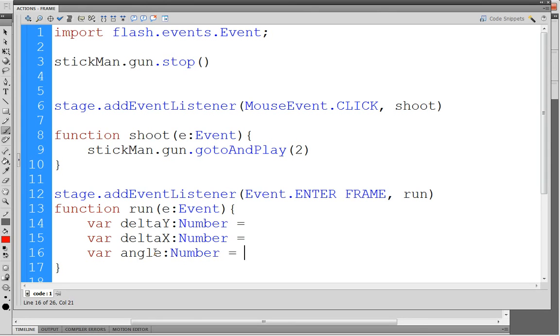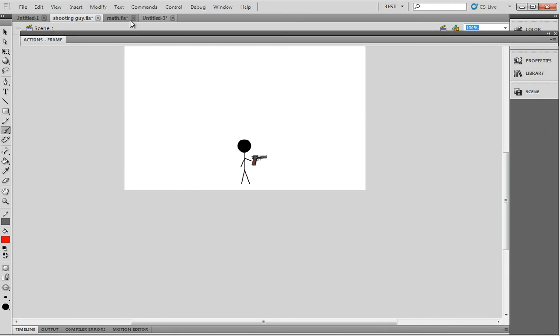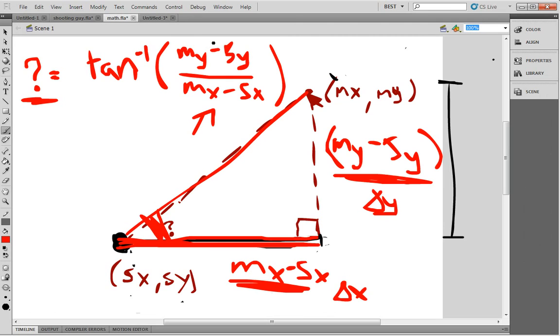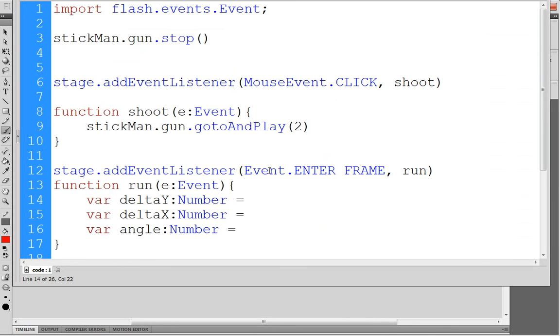Okay. So first of all, delta y. Delta y is the mouse y minus the shoulder coordinate in y. I would write mouse dot y minus the shoulder dot x, or stickman dot gun dot x maybe.